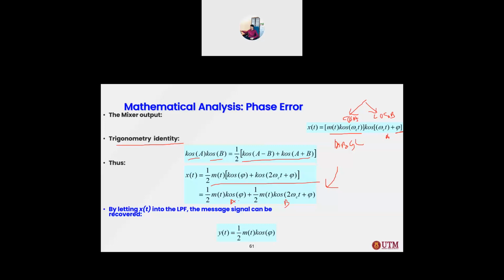B, correct. It's B because, first, it's a double frequency, so for sure it's higher. Second, it contains omega C, so it's always higher. The low frequency one is actually the message signal. So B is totally removed, and you only end up with A.